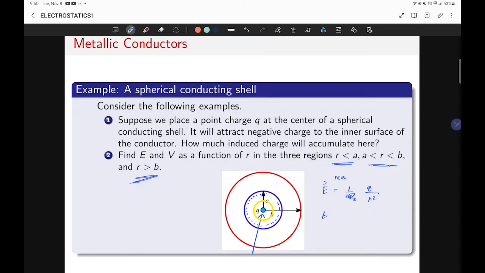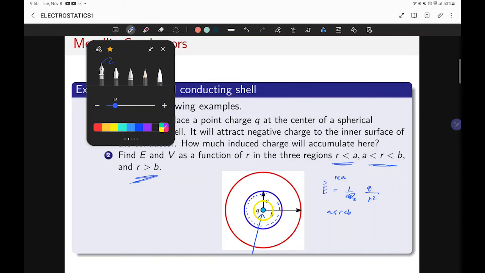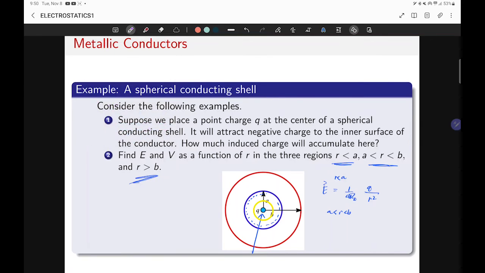How about the one in between? For R greater than A and less than B, what is the Gaussian surface? Let's try to draw. This is the Gaussian surface in between.